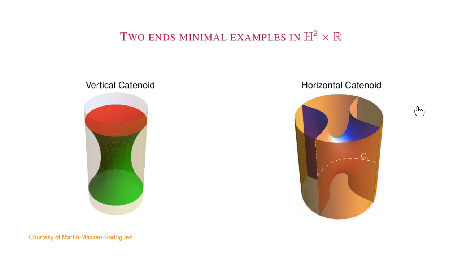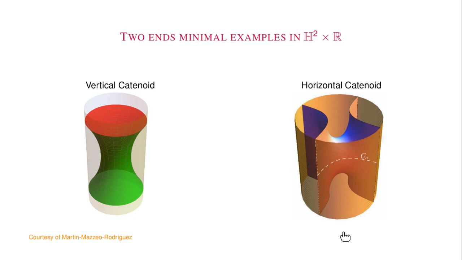There is a big difference between these two cases, because, for example, if you look at total curvature, the left-hand side is not finite. Of course, it's asymptotic to H2, and the one on the right side has finite total curvature.